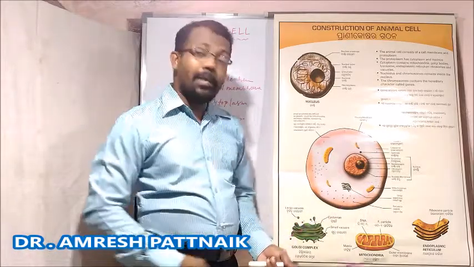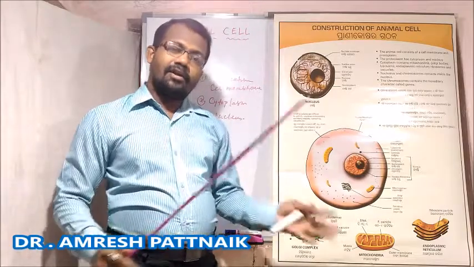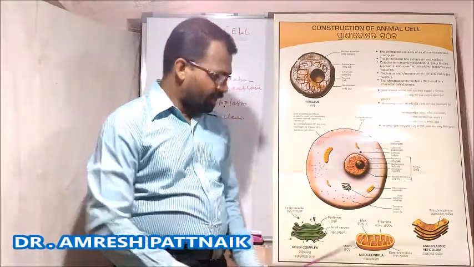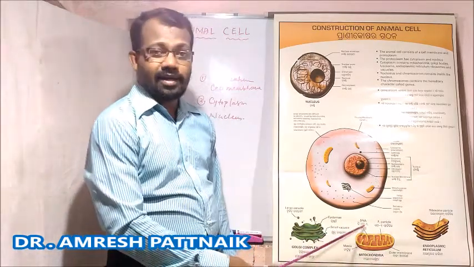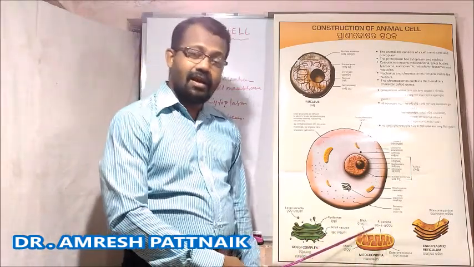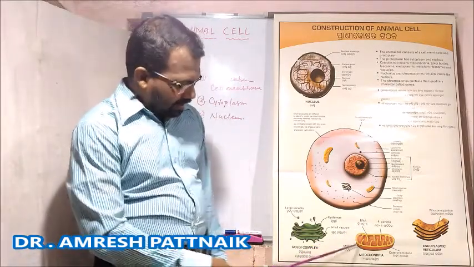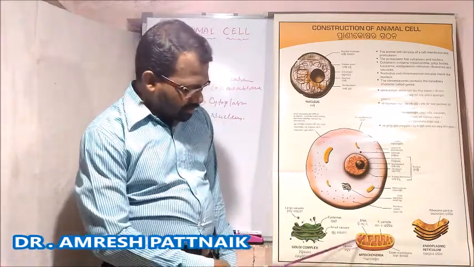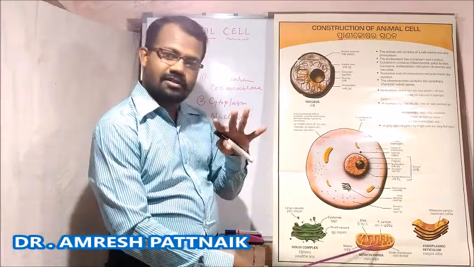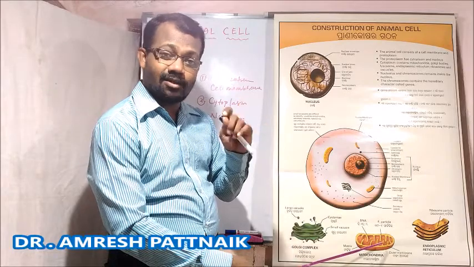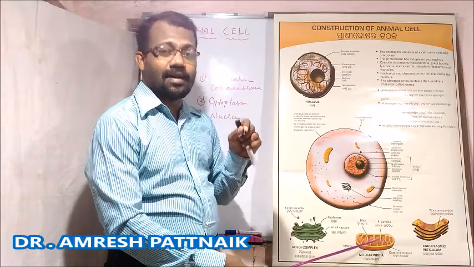And here you can find, here and here, this is mitochondria. If we see it under the electron microscope, we'll find this structure. This is mitochondria, which is cylindrical or cucumber shaped. Inside this mitochondria you can see finger-like projections, known as cristae, around which the F1, F0 particles are there.